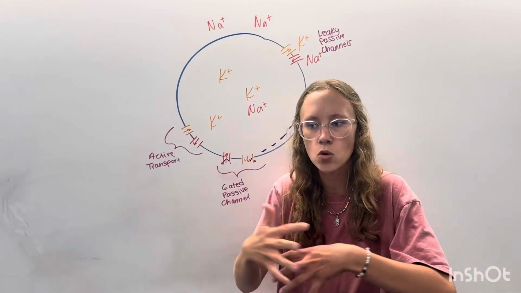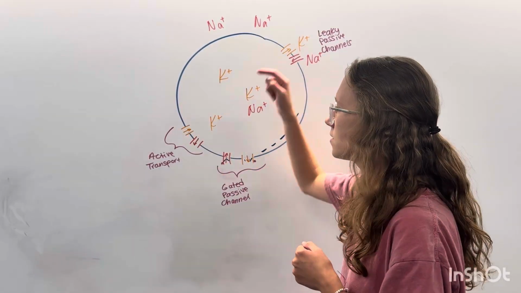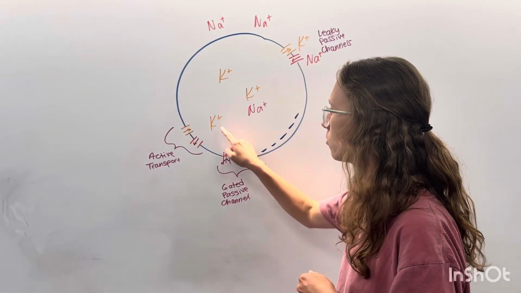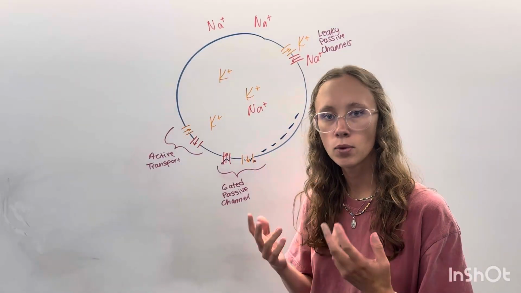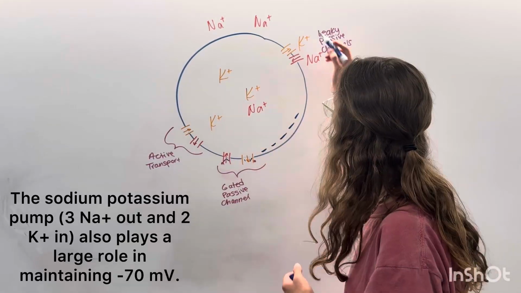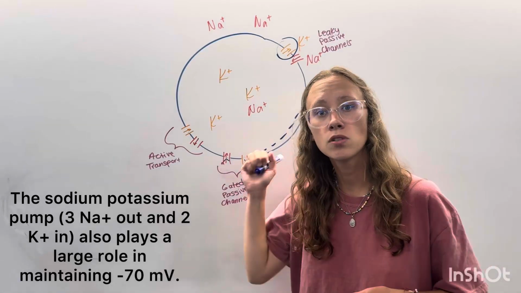Doesn't that equal zero? No, because this cell membrane is significantly, about 50 to 100 times more permeable to potassium, which basically means we're going to have a whole lot more of these potassium leaky channels than we do the sodium ones.